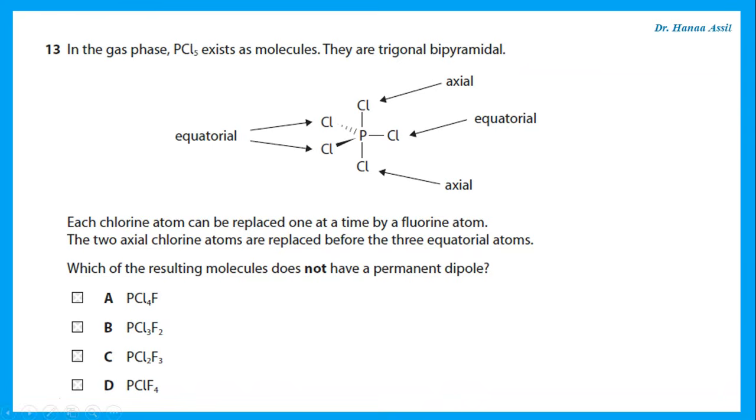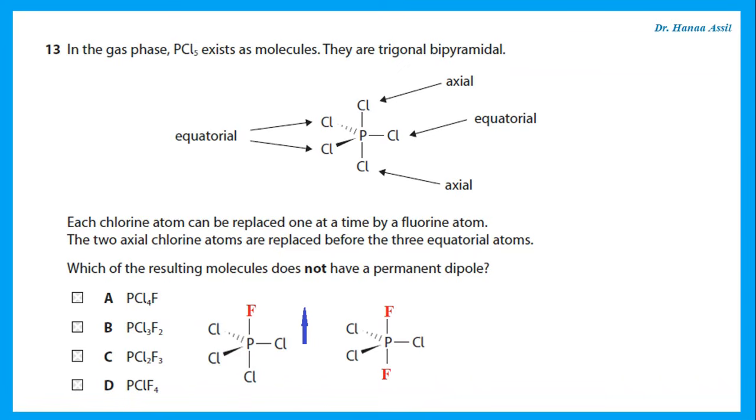We have PCl4 with one fluorine. And he said we replace the axial before the others. So if I have just one fluorine, it's axial. And we know that fluorine is the most electronegative element, so this molecule would have a permanent dipole.